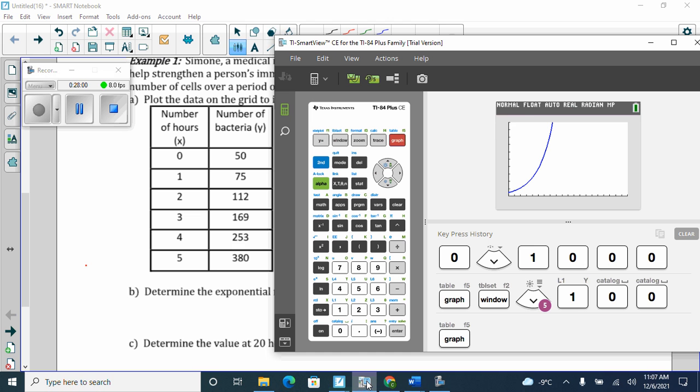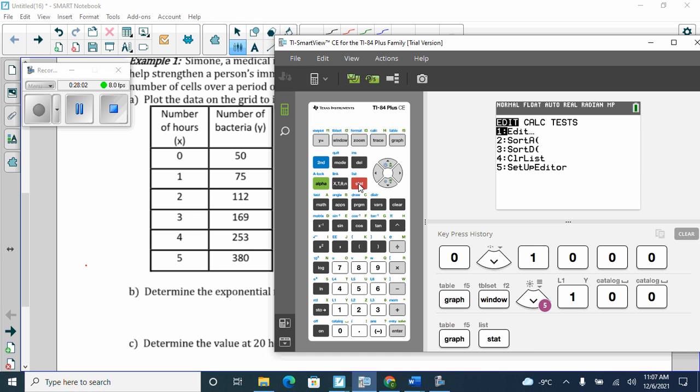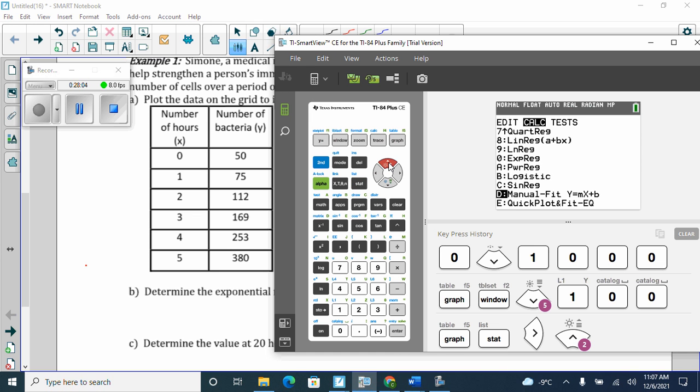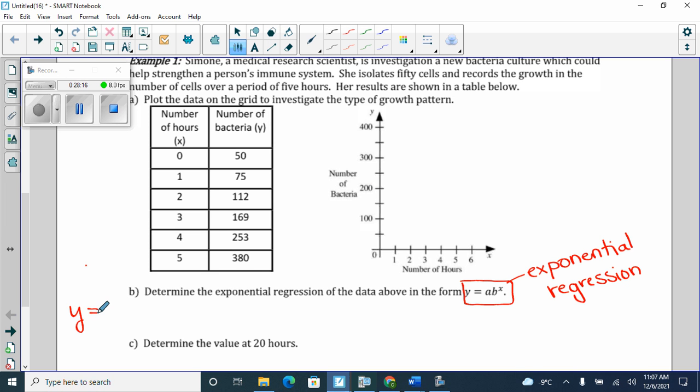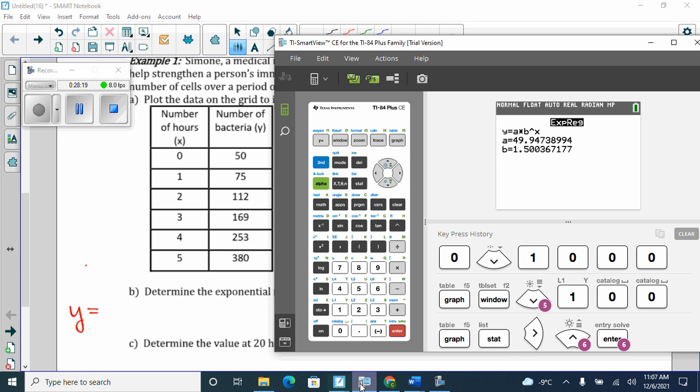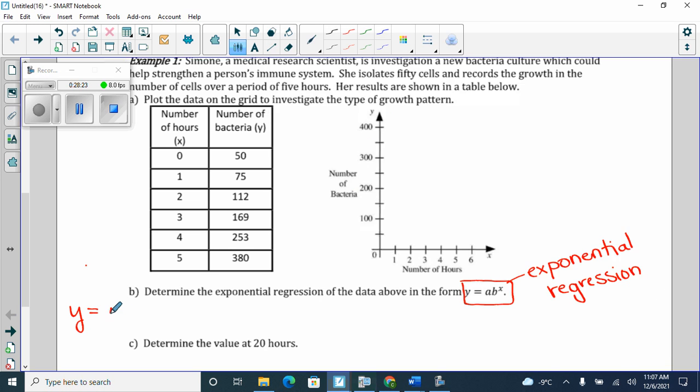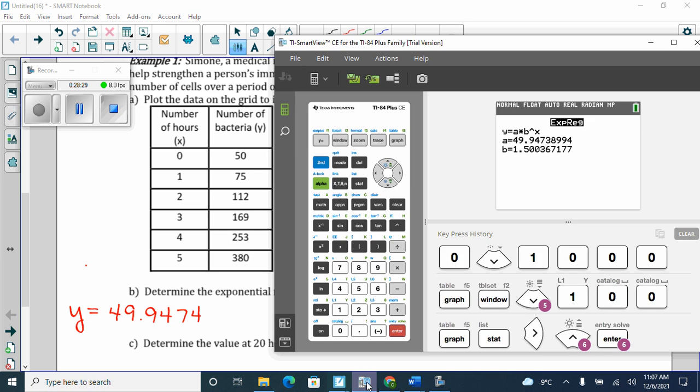Well, we can go back and redo it. You can either pull it off your y equals, or you can go stat, calc, and recalculate it. See? If you recalculate it, it shows up on your screen, right? So the equation, and they'll usually say to the nearest tenth or whatever. Oh, crud. It's going to be fun. 49.9474. So I'm writing it the way it shows it.